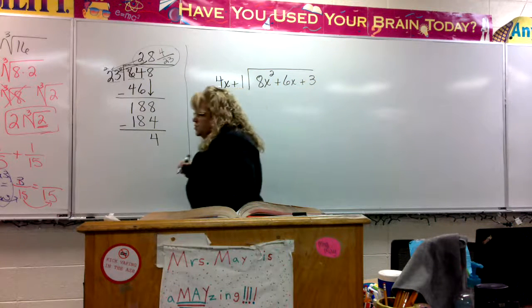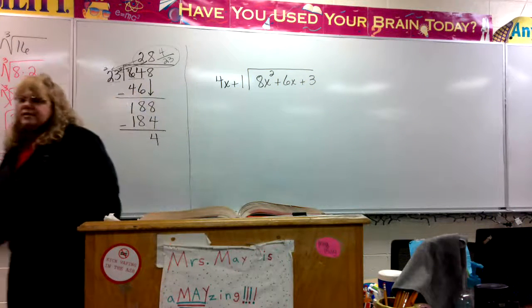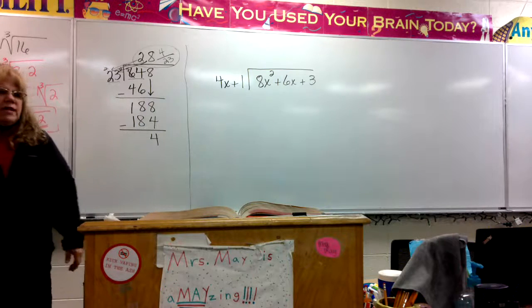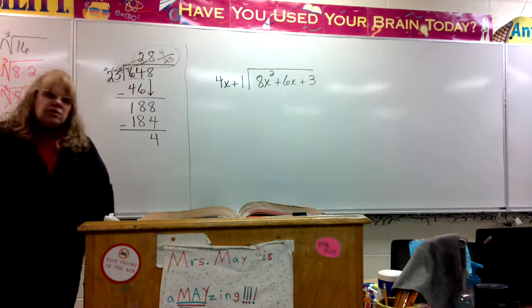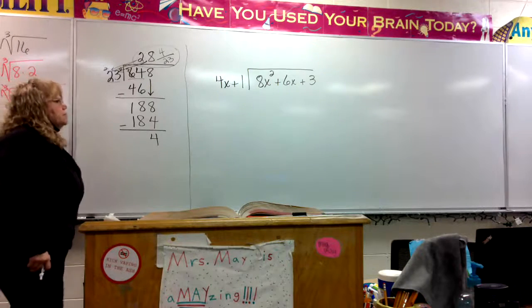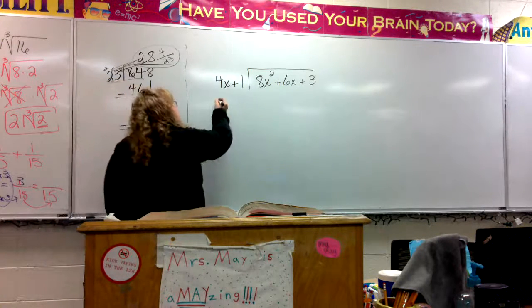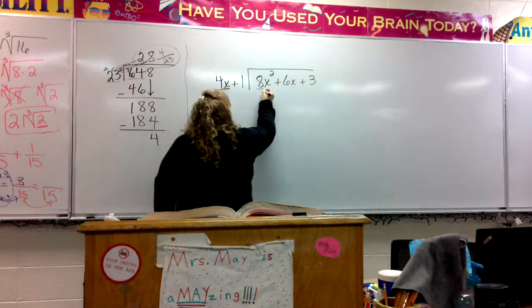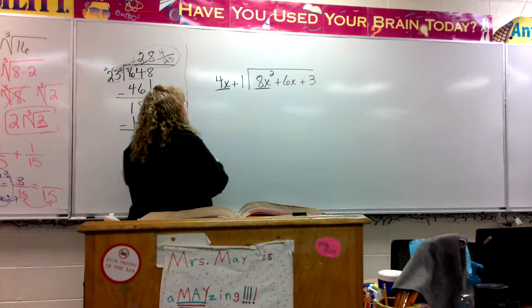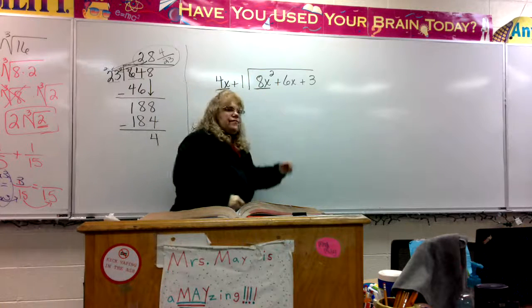And it's going to be the same exact idea, except now we're just going to throw some letters in there. You already know how to do it, though. I know you already know how to do it. So you're going to start out here with this one, and you're going to start with the first and the first.